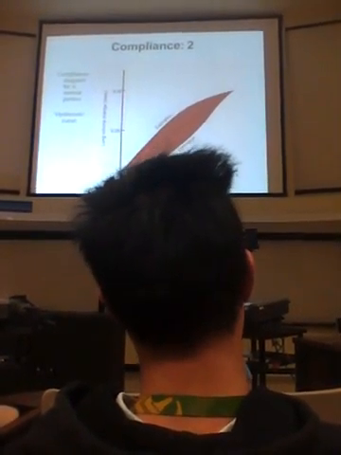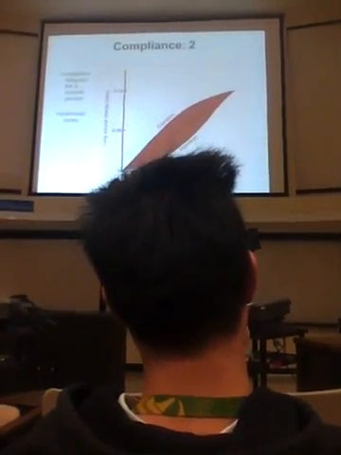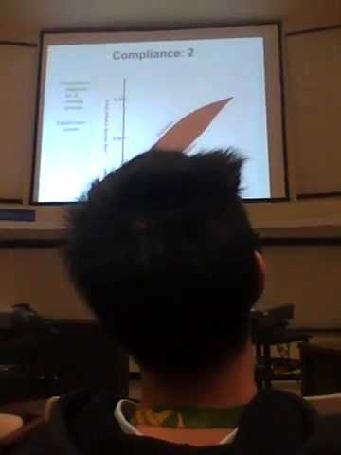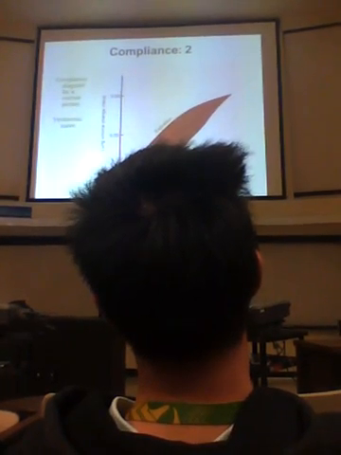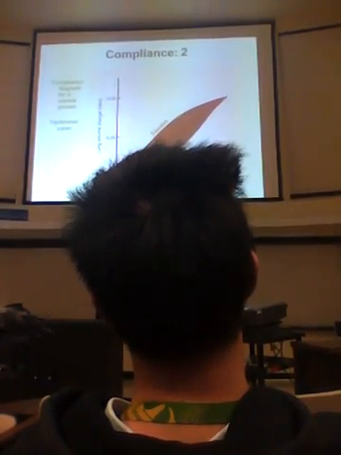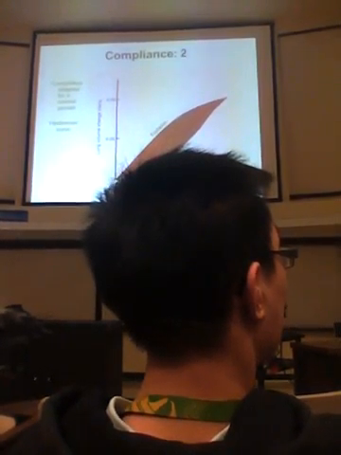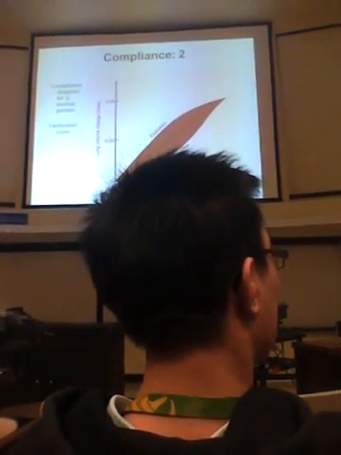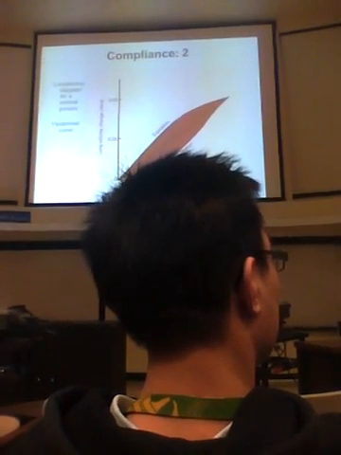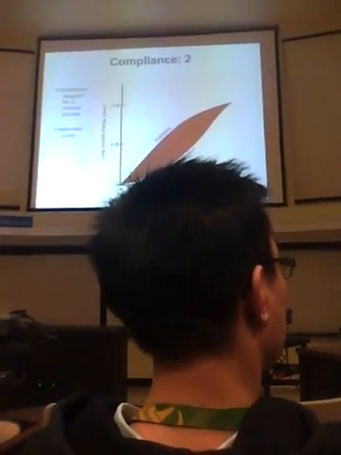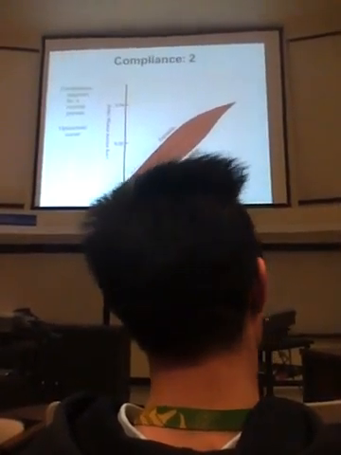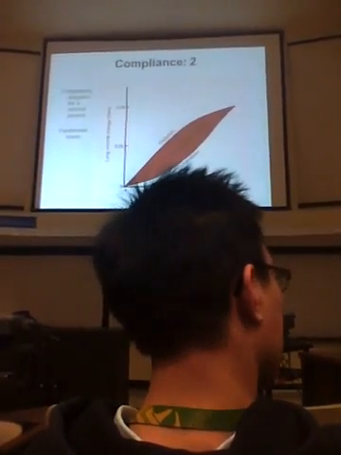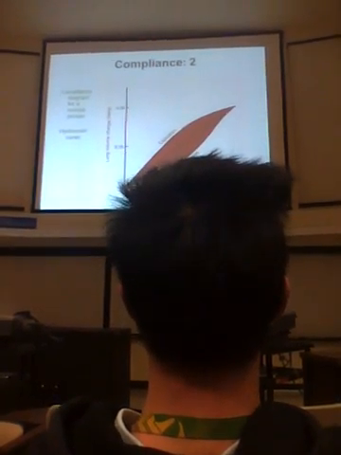Now, why do you think the inspiration curve is different from the expiration curve? Any clues on that? Yeah. One is active, the other one is passive. Yeah. So it's harder to get the inspiration started. So expiration is largely passive recoil, and so the force-volume relationship is different for expiration.